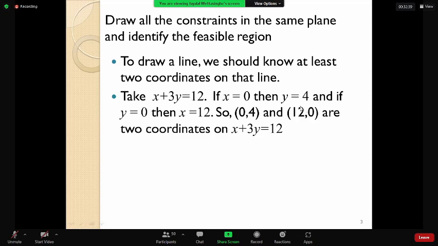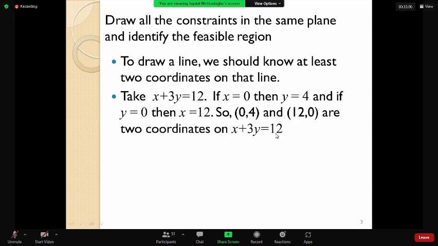You can mark these two points on your Cartesian plane, and after that connect them by a straight line. Then you will have the line x plus 3y equals 12. Still, I am talking about the equation part, not the inequality.